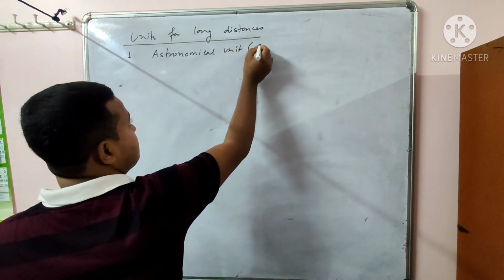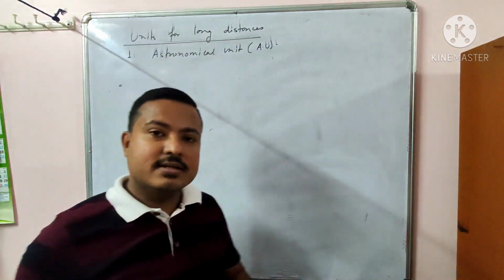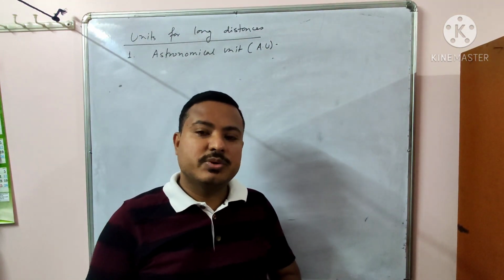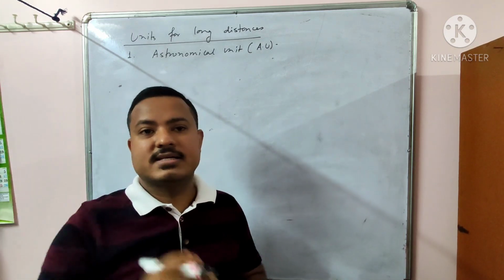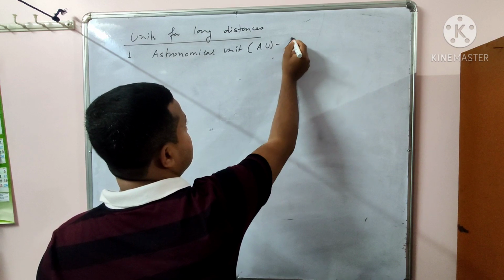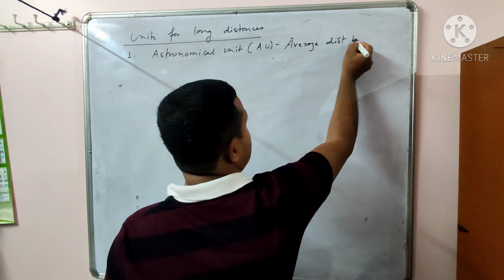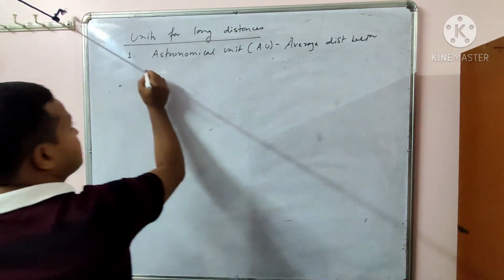So what is an astronomical unit? It is the average distance between the center of Earth and the Sun. That average distance is called what? Astronomical unit. It is simply the average distance between Earth and Sun.